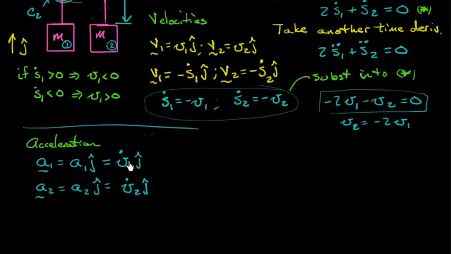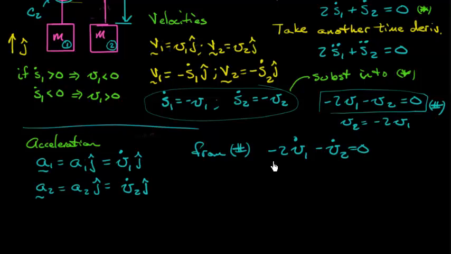And of course V1 and V2 are related to each other through the kinematics of the rope. So if I call this equation pound sign, from pound here we get minus 2 V1 dot minus V2 dot is equal to 0.